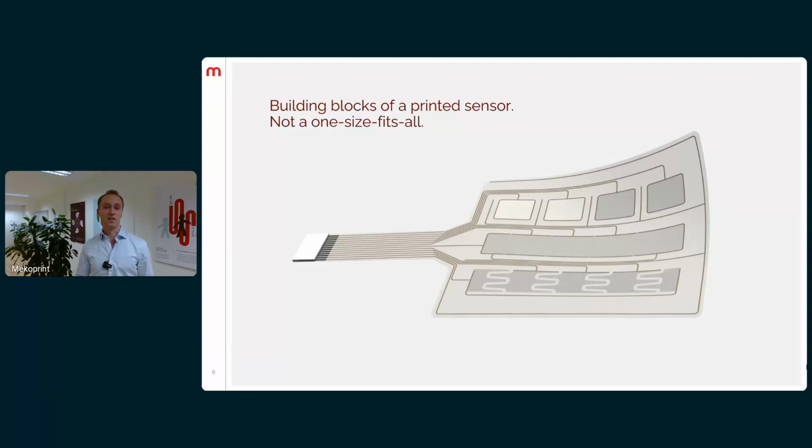Is it going to be a ZIF connector, a clip, or a completely different solution? So in general, we would like to be involved very early in the process so we can provide inputs to the design and consider a design for manufacturing approach from the beginning so the sensor will be produced efficiently.